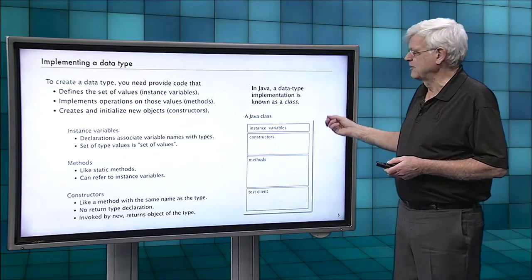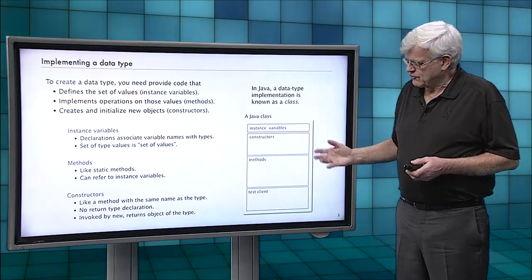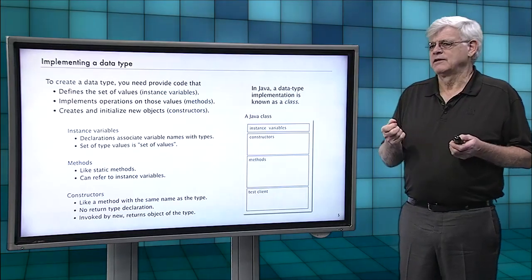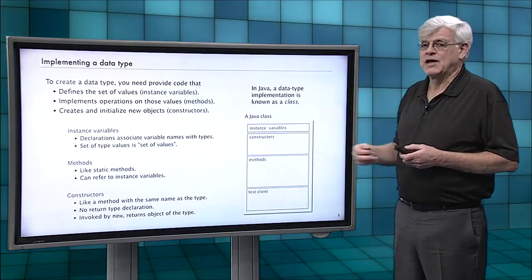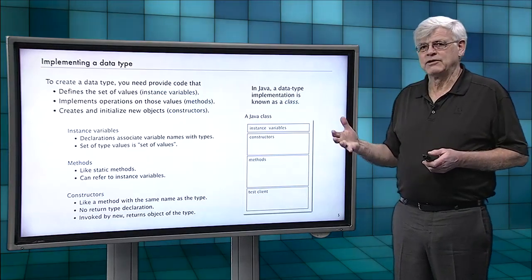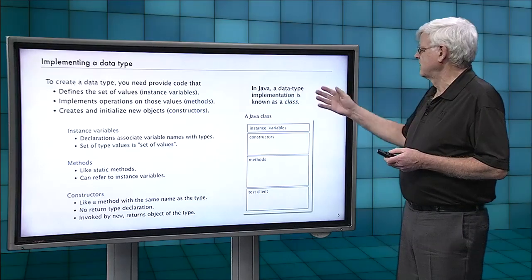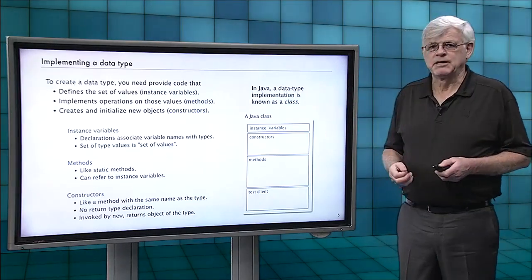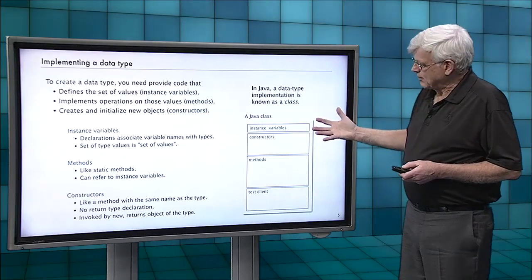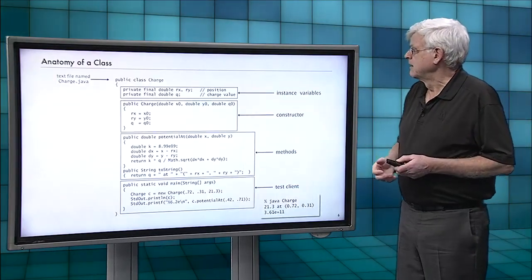We'll look at what are the instance variables, what's the set of data type values, what are the constructors, how do you create an object and initialize its value, what are the methods, what are the operations that we can perform on the values, and then also we always include a test client in every Java data type that we implement. So that's the process that we're going to go through for several examples in this lecture.